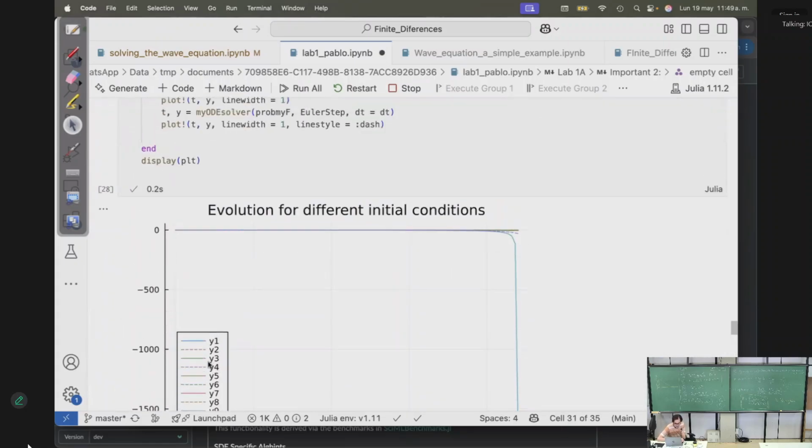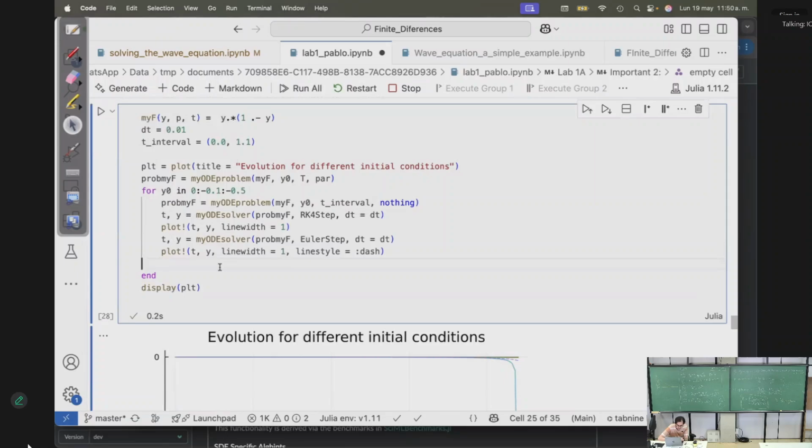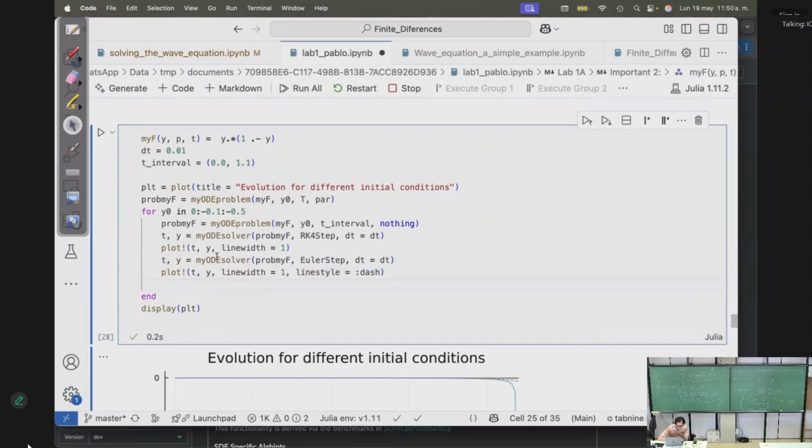So now we will simply do some evolution.